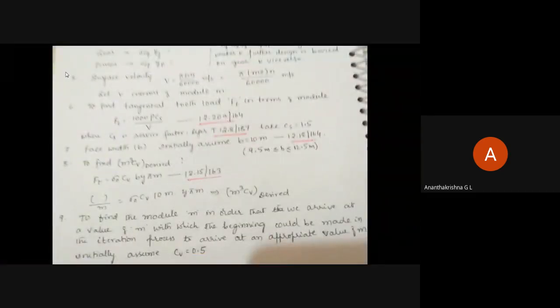Tangential tooth load Ft in terms of module: Ft is equal to 1000 P into Cs by V. Refer table 12.8, page number 235. Take Cs is equal to 1.5. Face width B: initially assume B is equal to 10 m. Up to this, you write down in your notebooks. Please note down these 3 steps.